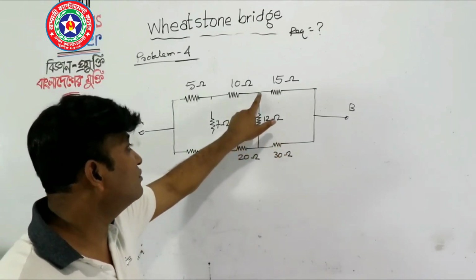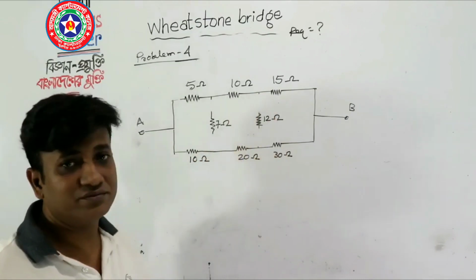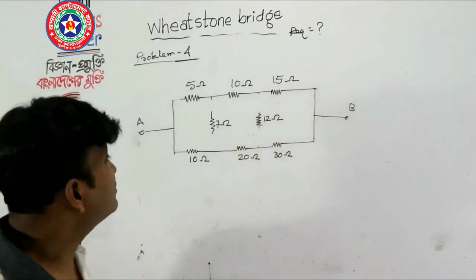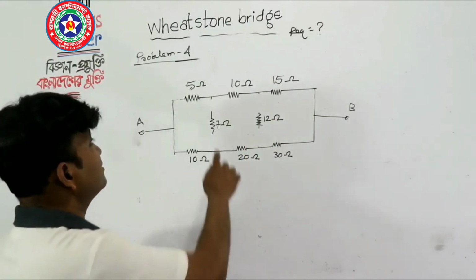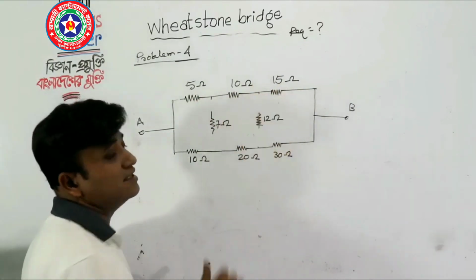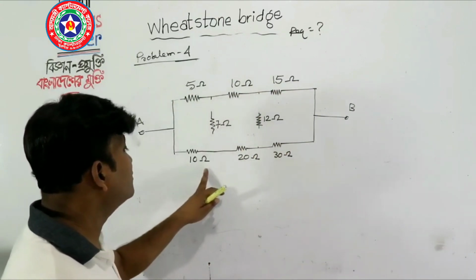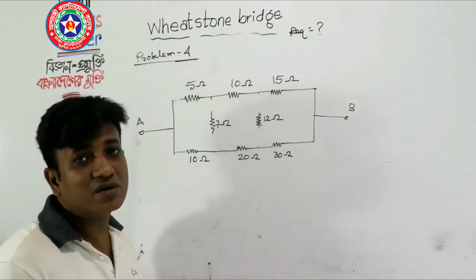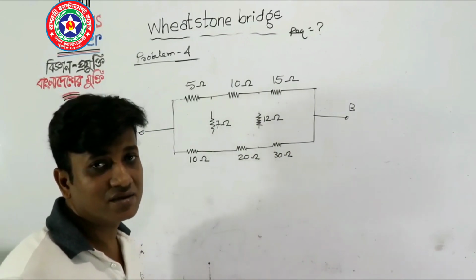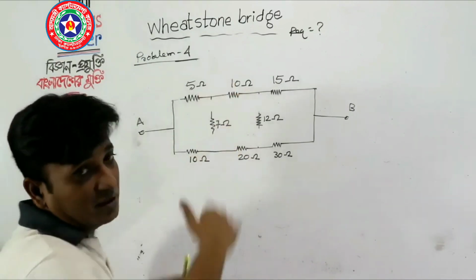So no current will flow through the 12 ohm resistance. So finally, what we see here is that 5 ohms, 10 ohms and 15 ohms are connected in series, and 10 ohms, 20 ohms and 30 ohms are also connected in series, but they are connected in parallel to each other.